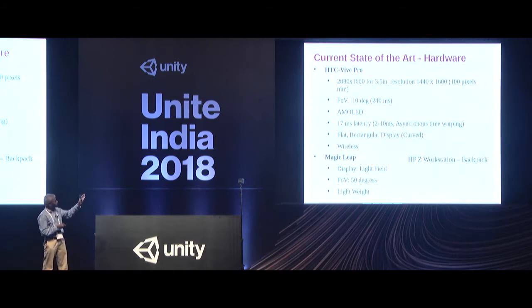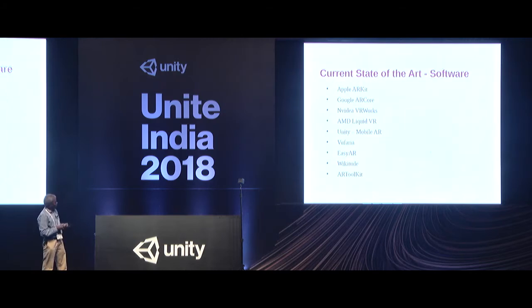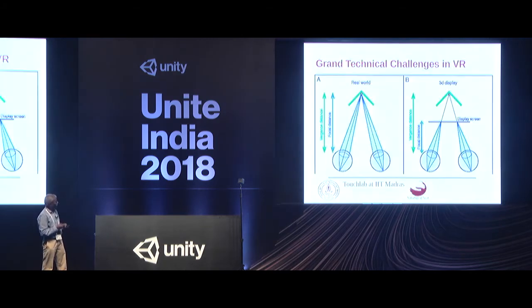So the current state of the art as far as virtual reality, what are the challenges over here? I'm not going to go into the details of it because the focus is on the haptic systems. The software also, there are challenges. The grand technical challenge in virtual reality is the VAC, Vergence Accommodation Conflict, right?